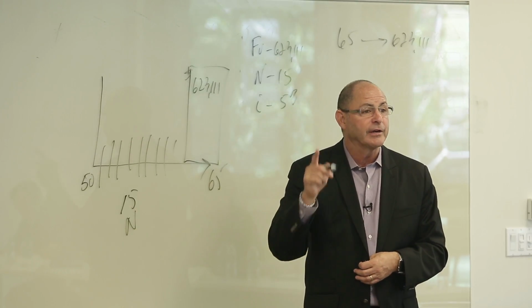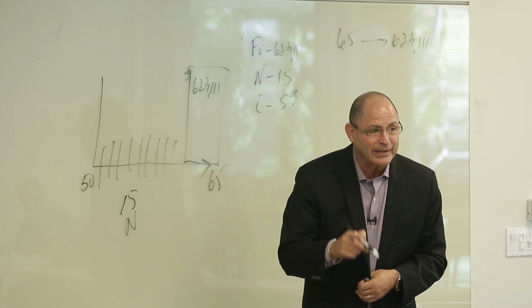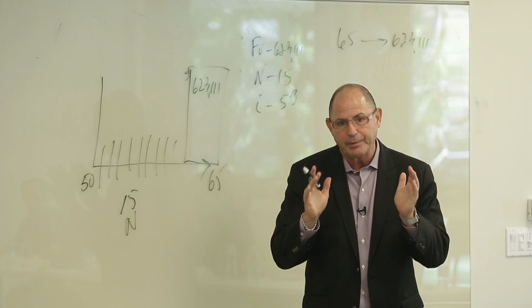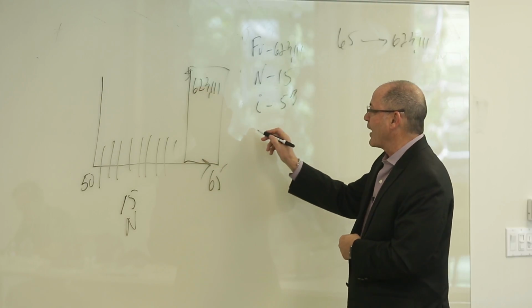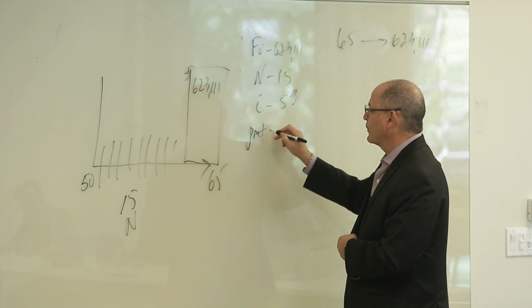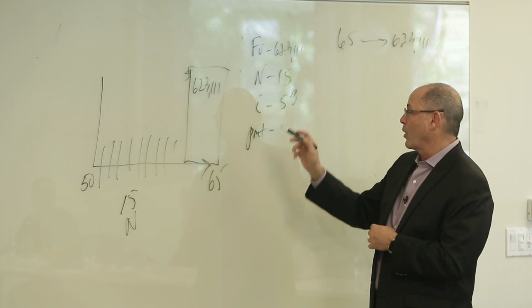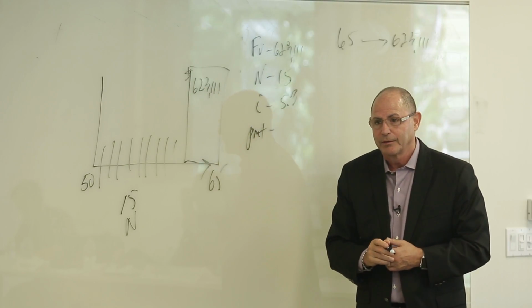If it's per year, it is a payment. Lump sum would be a present value or a future value. So what I'm trying to find out is, what is the payment or the amount I would need to put away each year, growing at 5% for 15 years, that would grow to 623.